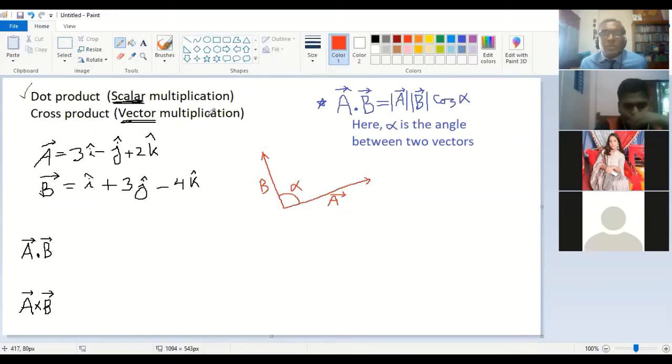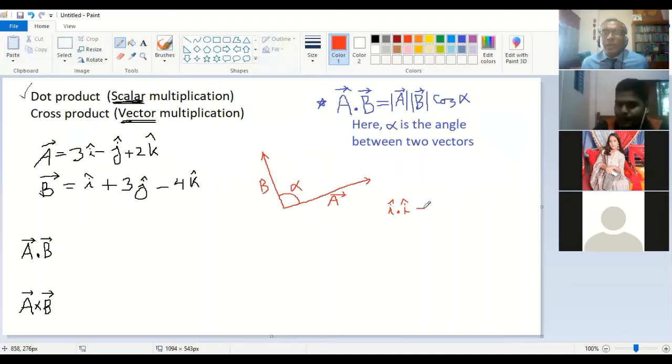Let me give you some examples with i, j. Then I will go to AP. So what is i? i is one vector. We already know the value of i. The value of i is 1 because this is a unit vector.